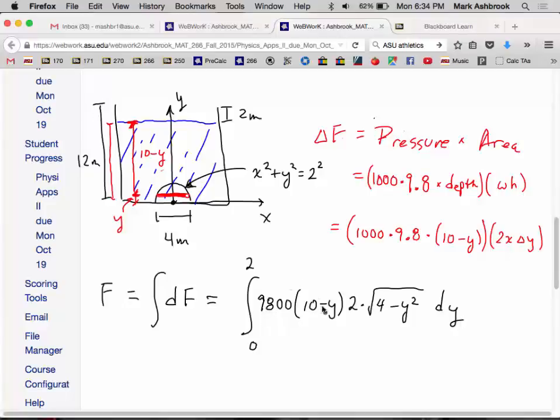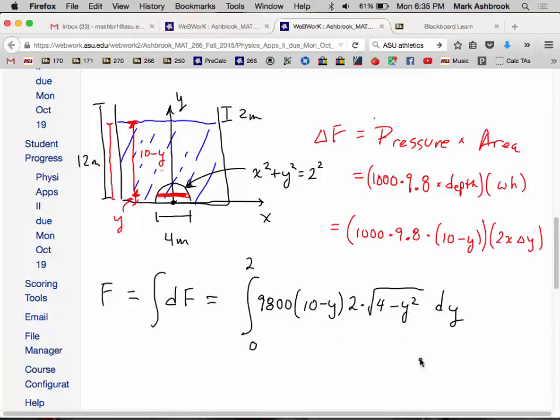So it would be 9,800 times minus y times 2 times this square root. How would we do that? Undoing chain rule. Why? Because you have this minus y is exactly a factor of this derivative inside here. So here's your composite function, and you have its derivative out here. Undo the chain rule for that when you multiply this by y.